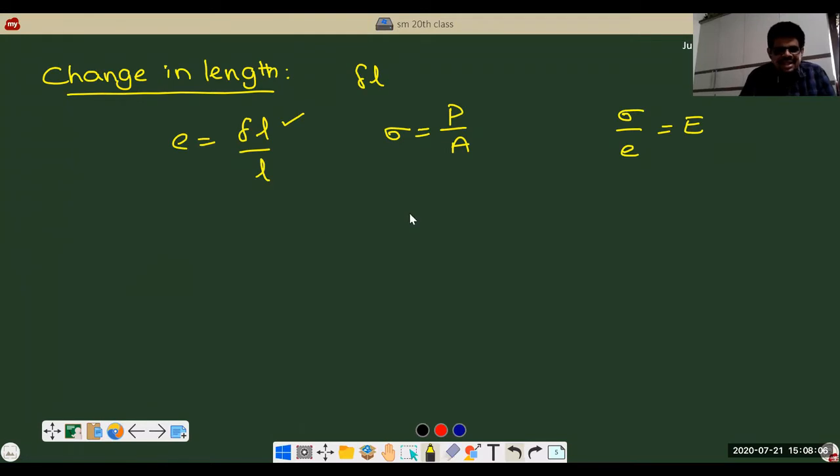In such cases, let us derive a small relation for getting the value of delta L. Let us take this relation. First of all, look at the E relation. Sigma by e is equal to capital E. Here I can write this sigma as P by A. Let me use another color for better visualization.